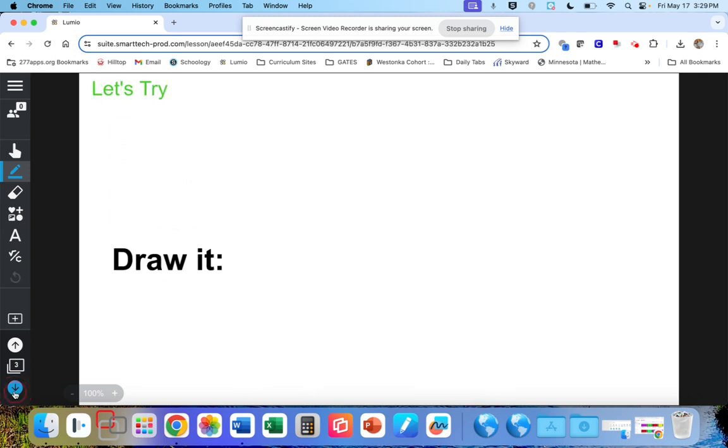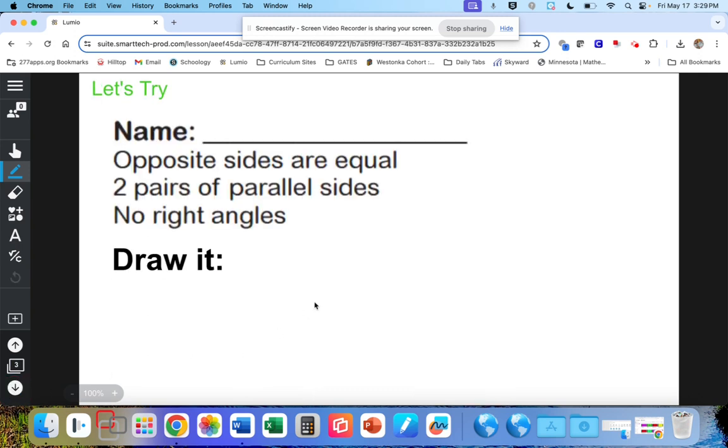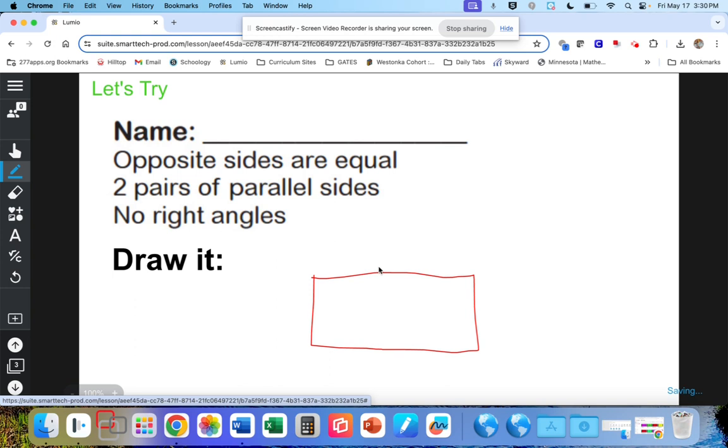Now the other definition isn't on that. It says opposite sides are equal. Well, if I looked at all those shapes, I know that a rectangle has opposite sides that are equal. This is equal with this. This is equal with this.